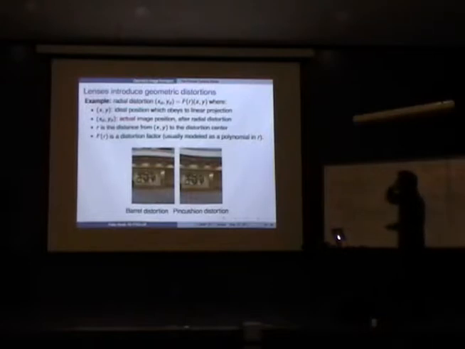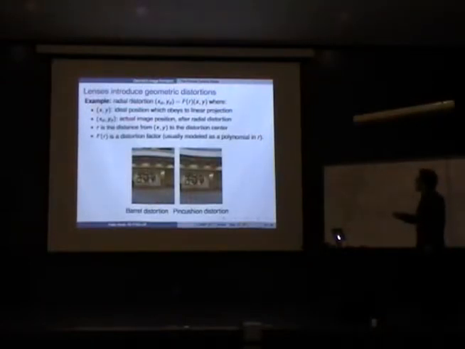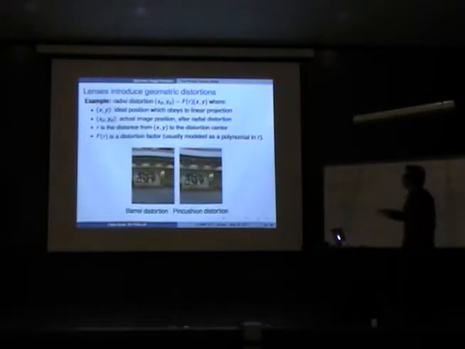But lenses have their problems too, at least in regular cameras. You can notice it very well. They introduce distortion, and distortion is mainly radial distortion, that's typically what you see in images.